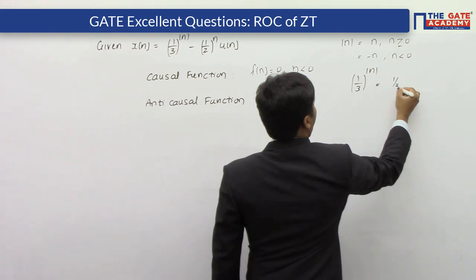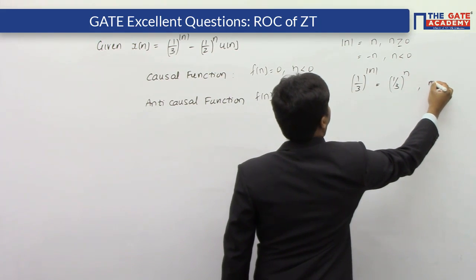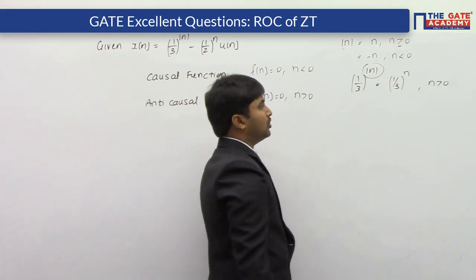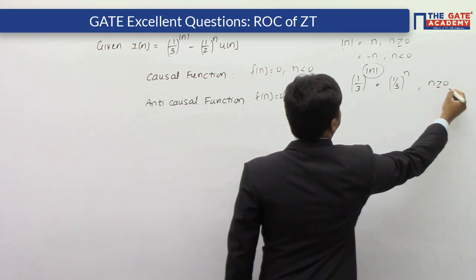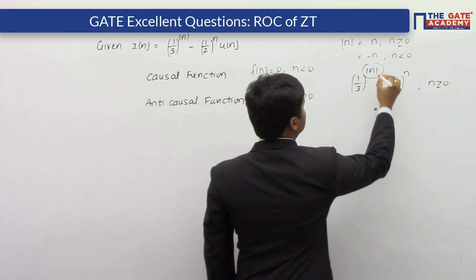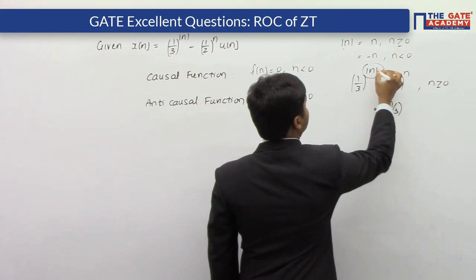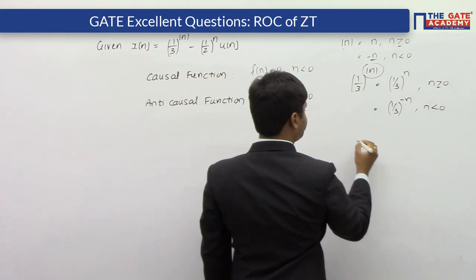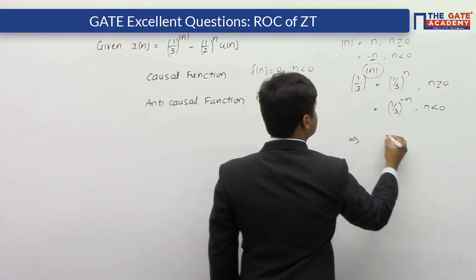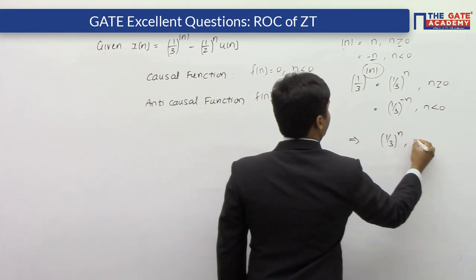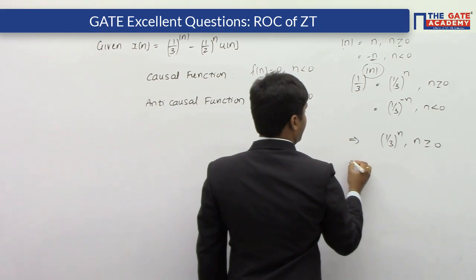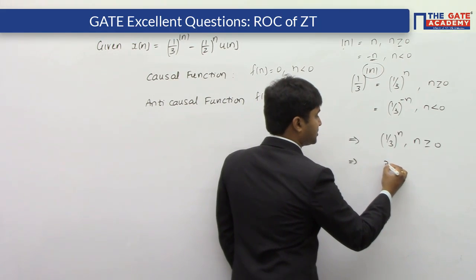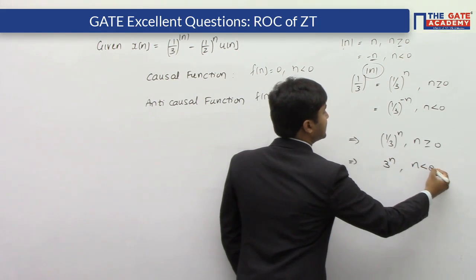According to this knowledge, we can write (1/3)^|n| as (1/3)^n for n greater than or equal to 0, because we know |n| is equal to n for n greater than or equal to 0. And for n less than 0, |n| is equal to minus n, so it is (1/3)^(-n), which is equal to 3^n, for n less than 0.